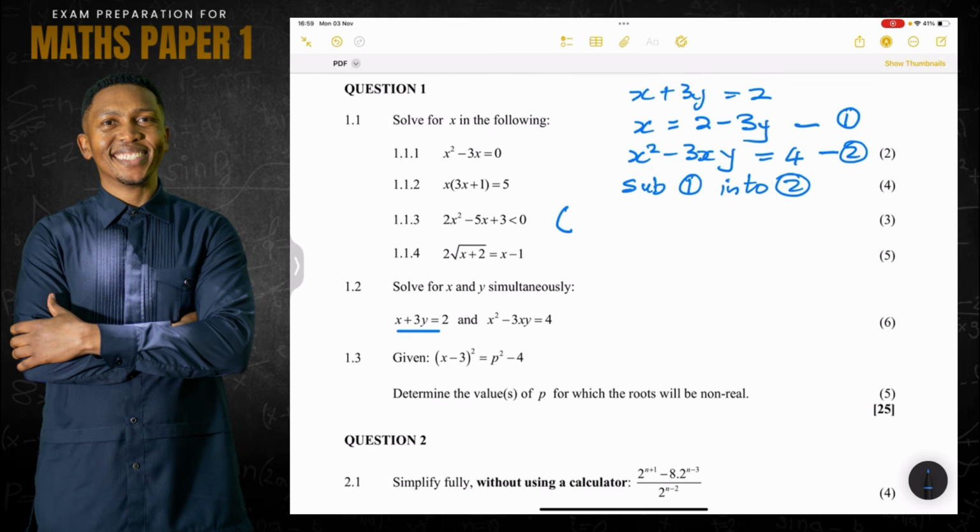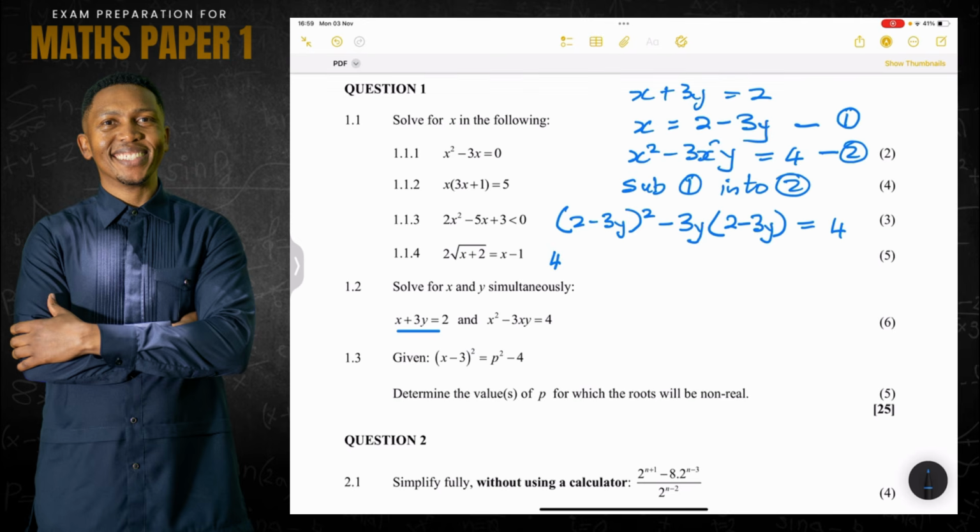So let's do that. That's going to be 2 minus 3y squared minus 3y times x. Okay, so this is going to be 2 minus 3y, and all of this is equal to 4.